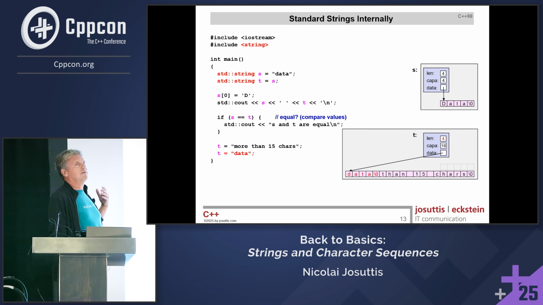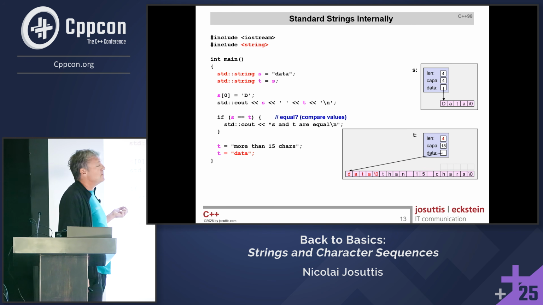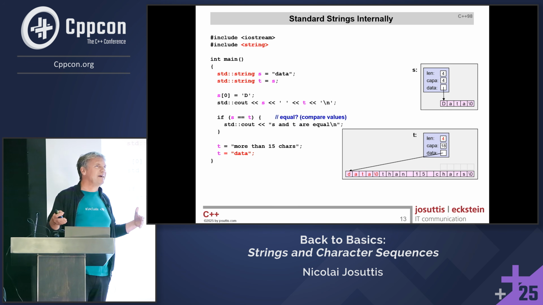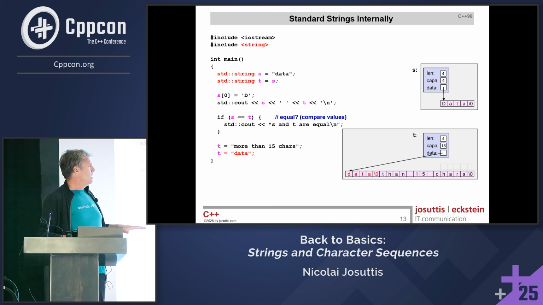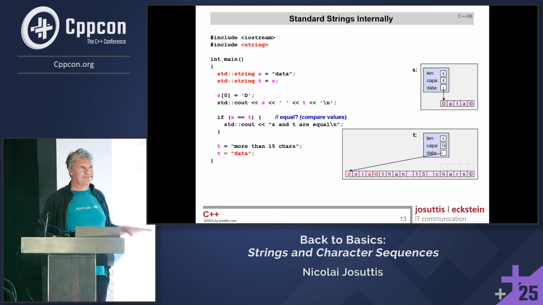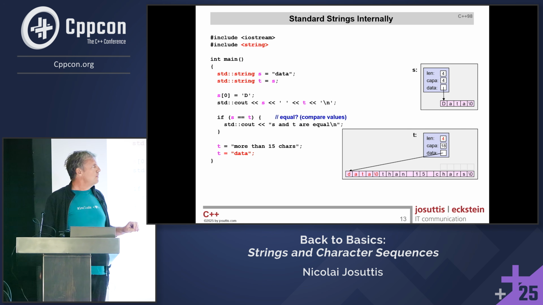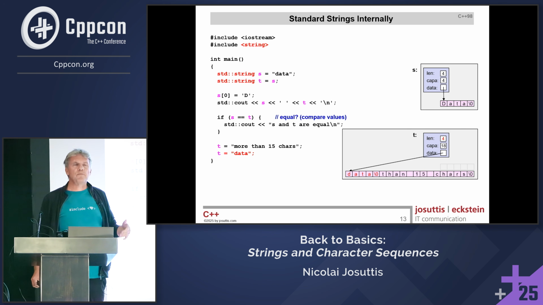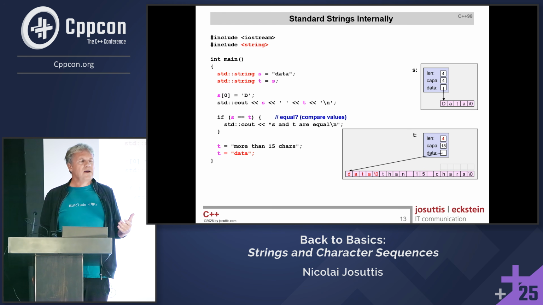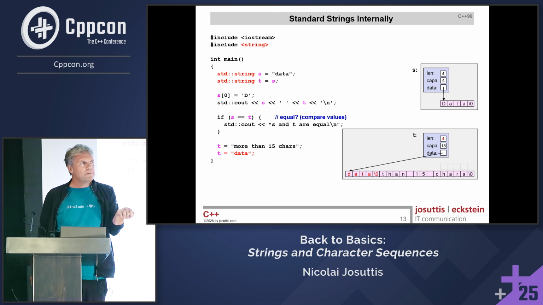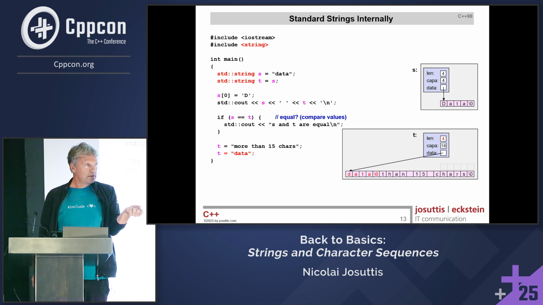When this was standardized and then implemented, or it was first implemented and then standardized, we had some concerns. Because it meant that each and every time we create a string, we have to allocate memory on the heap, and that's expensive.